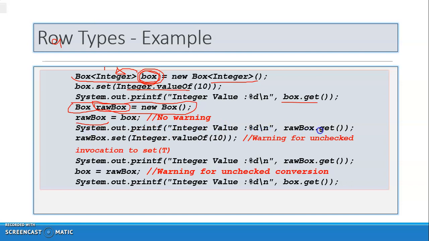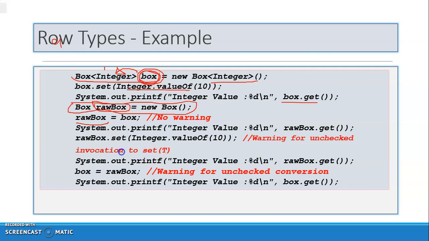So here we are displaying what we have there using the raw box. We get the value, and here we set the value. So we may have some warning for unchecked conversion or invocation.